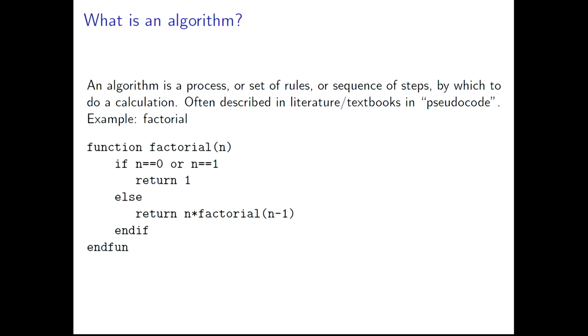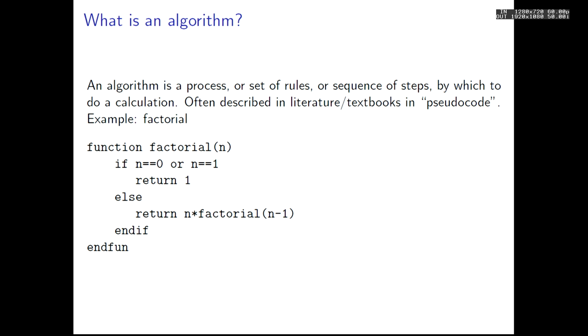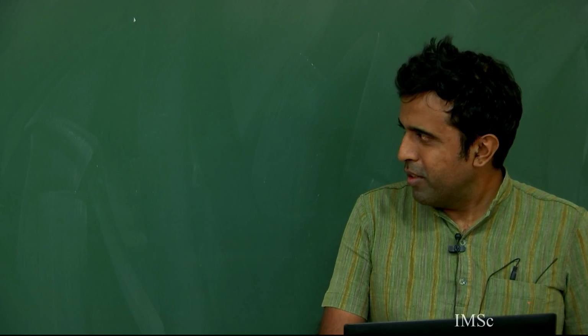So we won't use any actual programming language, and we won't use all the error detection stuff that we did last time. This is the essence of the function: if n is equal to 0 or n is equal to 1, return 1, otherwise return n times the factorial of n minus 1. This is the basic form of the function.